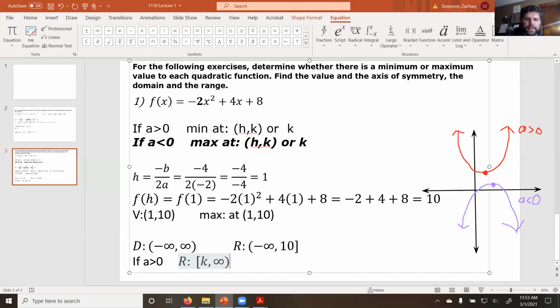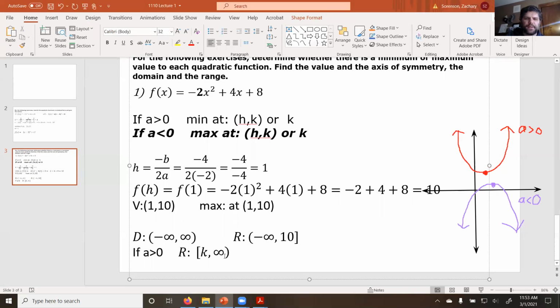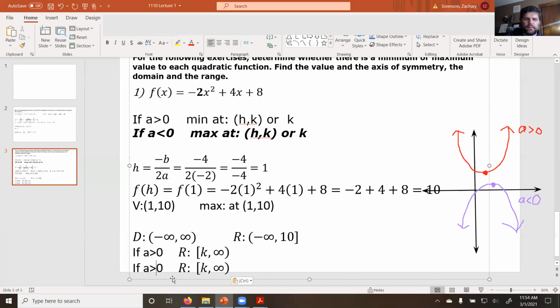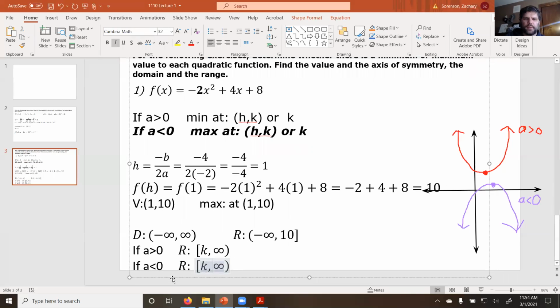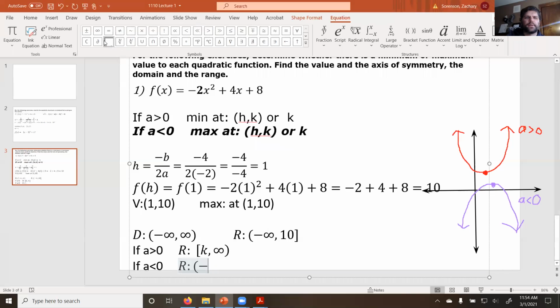Right, yeah, that's right. And if my A is less than 0, like it is in this case, my range is negative infinity to K. Like we had here, ours was case 2 again, because my A was less than 0.